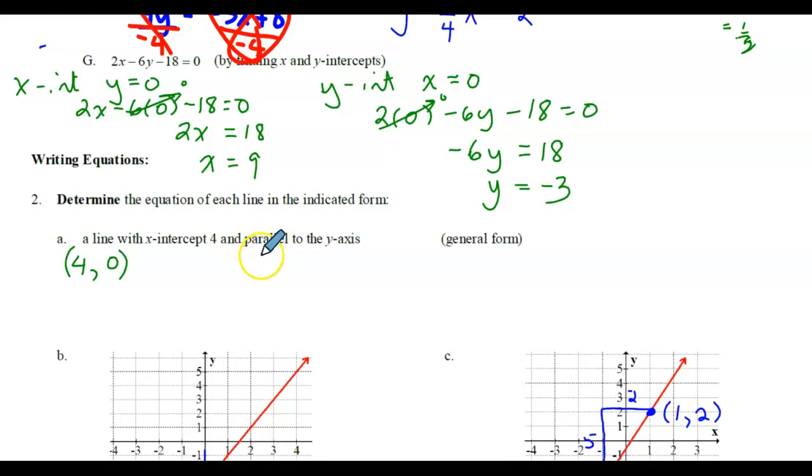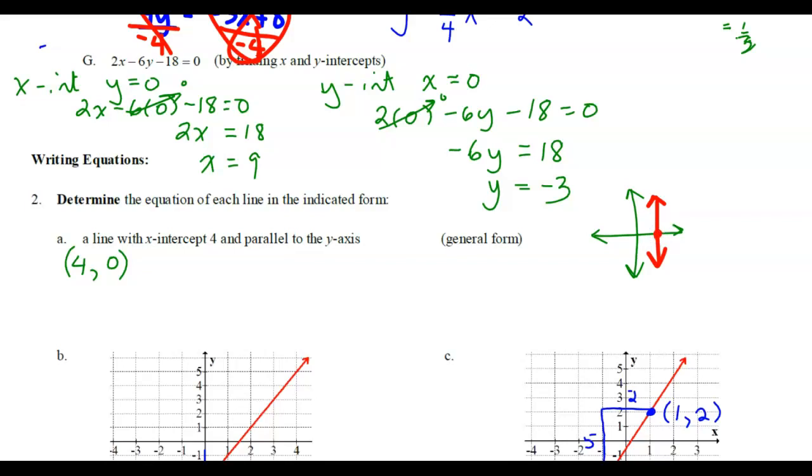And then it's parallel to the y-axis. So if you think about your y-axis here, it's parallel to the y-axis, which means it's going to look like a vertical line somewhere. And so this tells us it has to go through the point 4, 0. So it's going to look something like that.